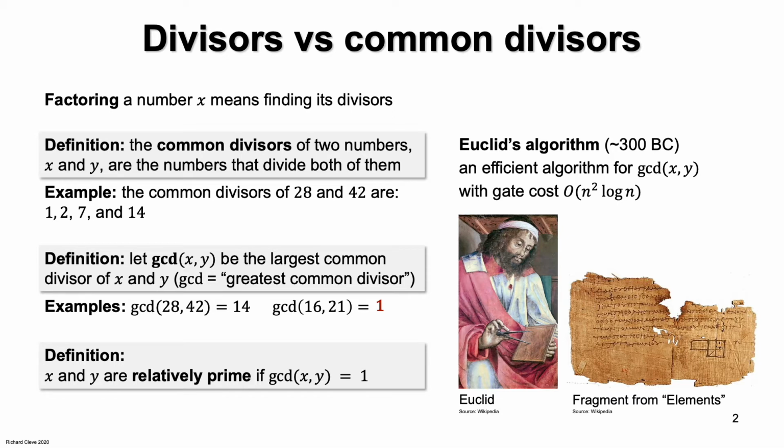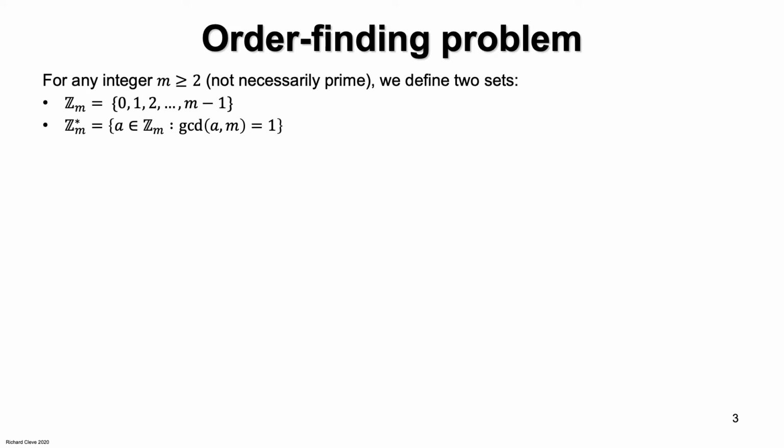Now, I'd like to briefly review a few more properties of numbers. Let m be an integer that's at least 2 and not necessarily prime. Just as before, Zm is the set of all integers between 0 and m minus 1. Now, Z star m consists of all numbers a in Zm that have the property that they are relatively prime with m.